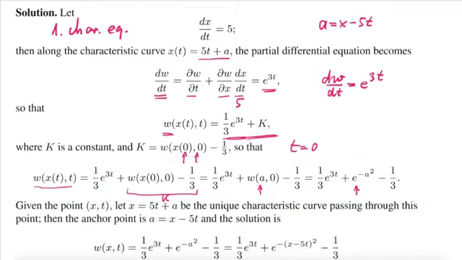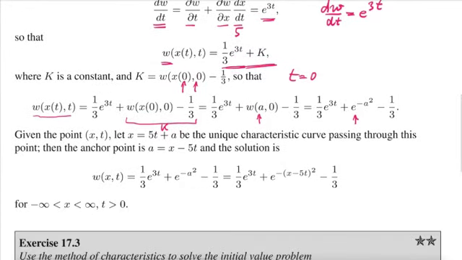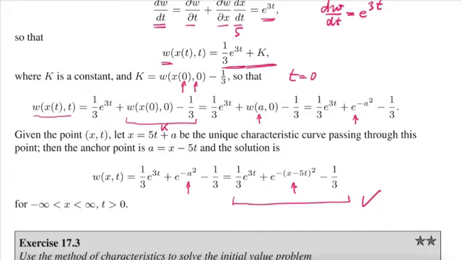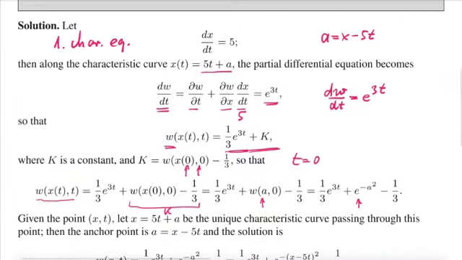And then finally, we sub in what this a is. I have it at the very top in red. There. So then it continues here. This a is replaced by x minus 5t because this is how we compute the anchor point. And that's our solution.